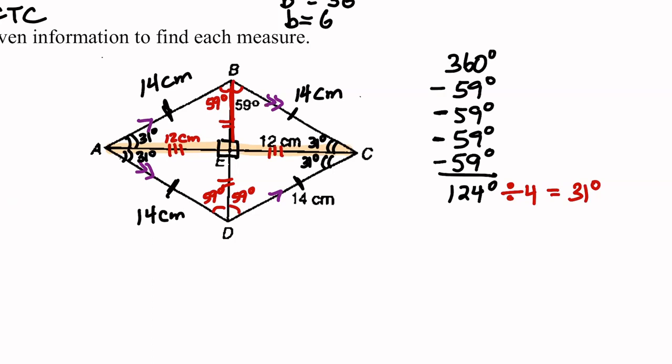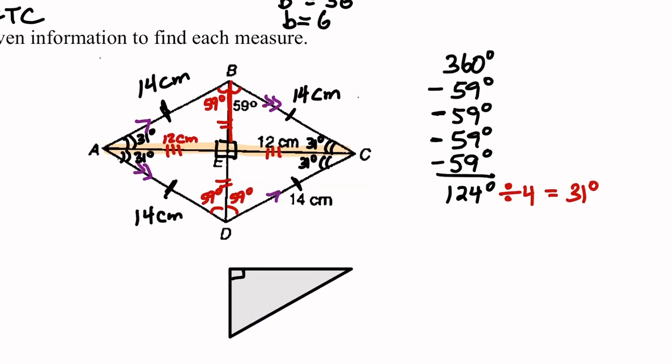If I can just look at one of these triangles, I'll just take this one right here, kind of pull it out, take a look at it. It's a right triangle in which a leg is 12 and the hypotenuse is 14.